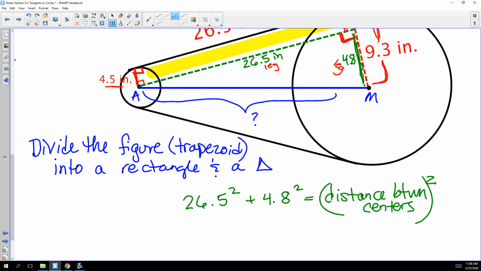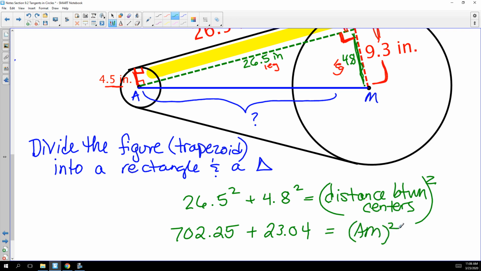That'll make it a little bit easier for us to solve. So 26.5 squared gives you 702.25 plus, and 4.8 squared gives you 23.04 equals, and I'll put AM squared.